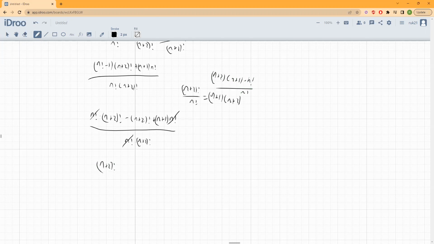Hopefully this makes sense. Let me write it out quickly. So over n factorial, the n factorials cancel out, and we're left with n plus 1 times n plus 2. So minus n plus 1 times n plus 2 plus n plus 1 over n plus 2 factorial.